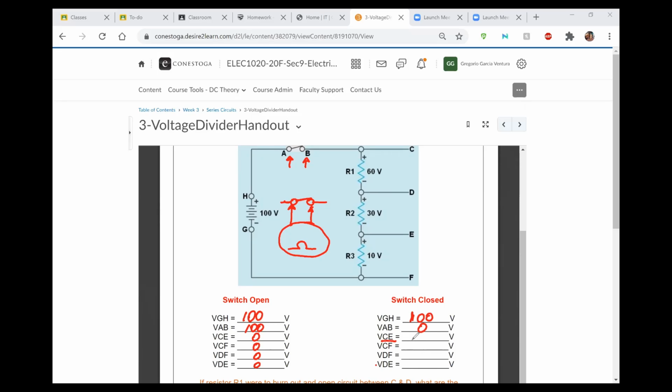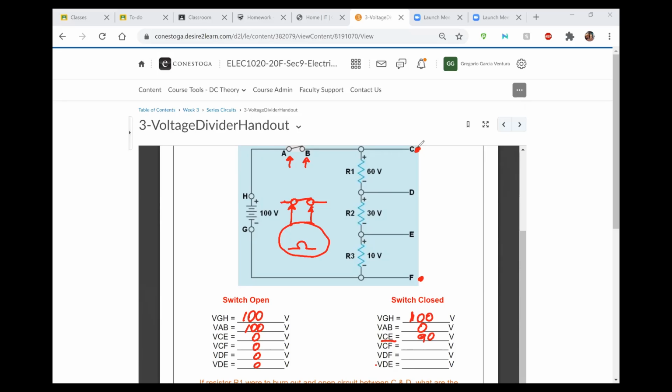We are going to say that between C, which is this test point here, and E, we have 2 resistors. So if I connect my voltmeter between these 2 points, we are going to get 90 volts. If we connect the voltmeter between points C and F, now I'm going to be using my DF point here.